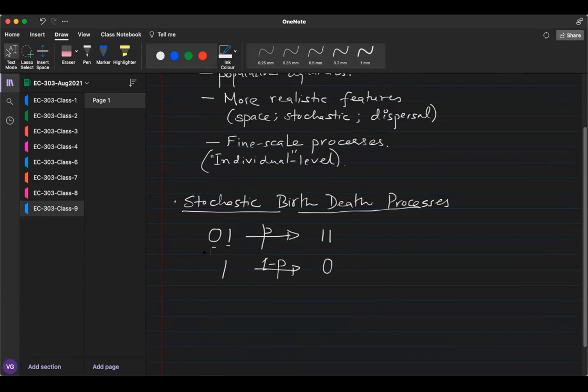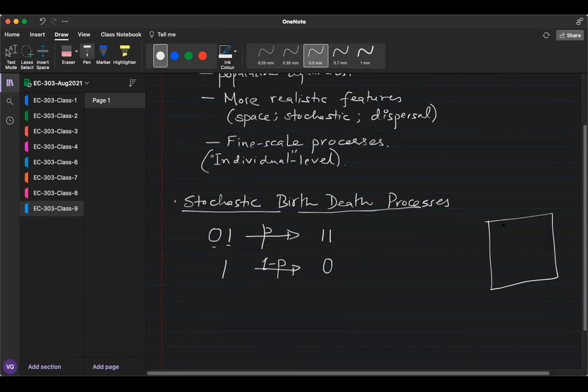If we choose two locations in the space randomly, so this is the spatial system we have, that could be 0 and 1, and with probability P it will lead to 1, 1. That is not the same as choosing an individual which, if it happens to be 1 in the neighborhood, gives rise to a birth. So these two are actually fundamentally different models.